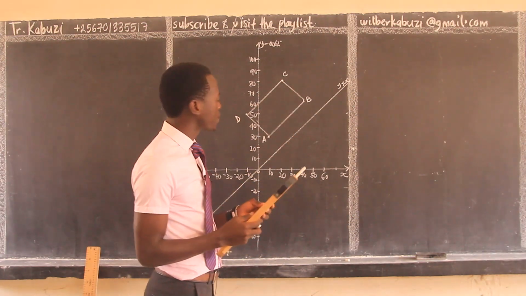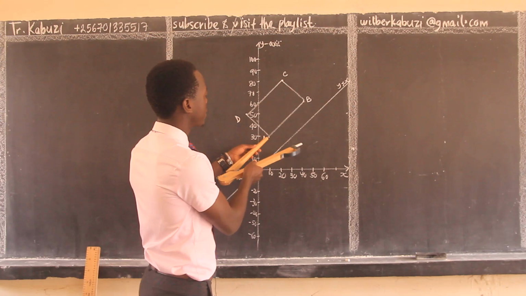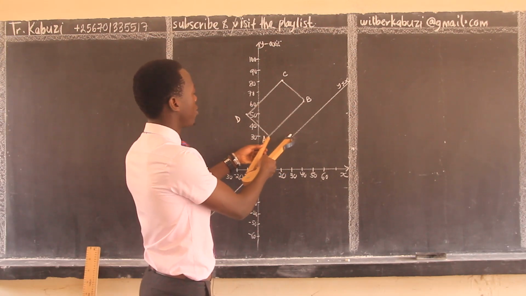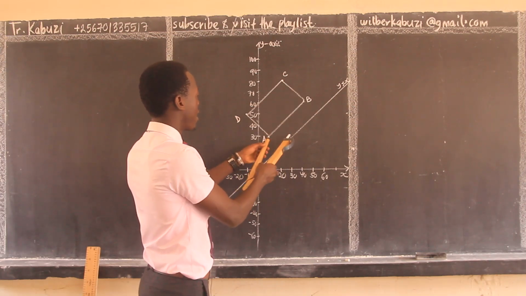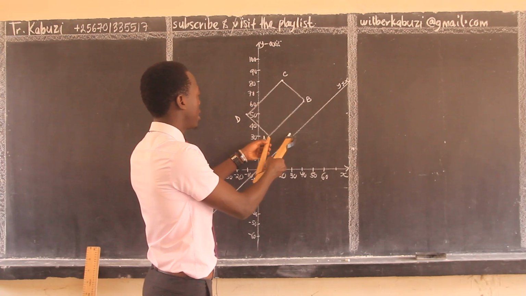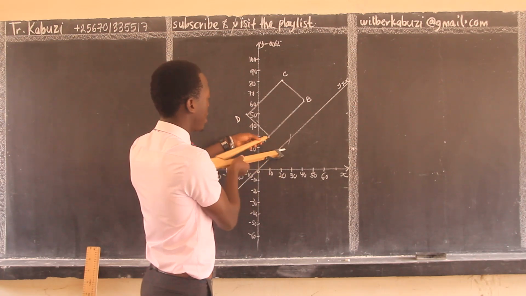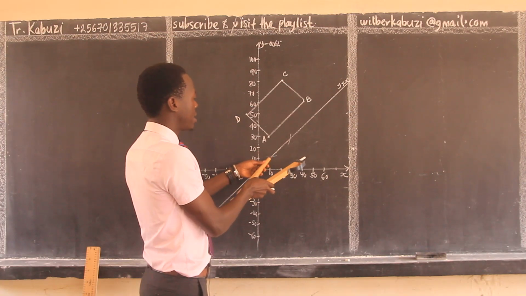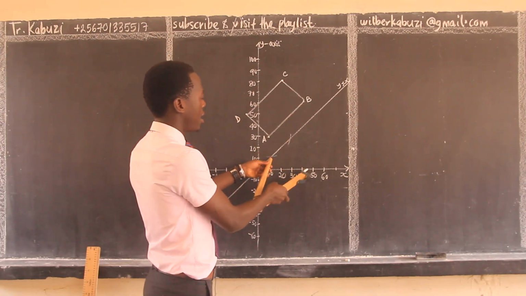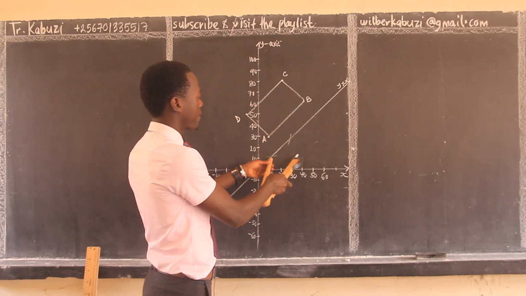What do we do? You put your compass at this point A. I want to reflect point A. You draw an arc there. Put at point A. You draw an arc there. Then you also draw an arc there. Then you can adjust just a bit. You put here. You draw an arc somewhere.